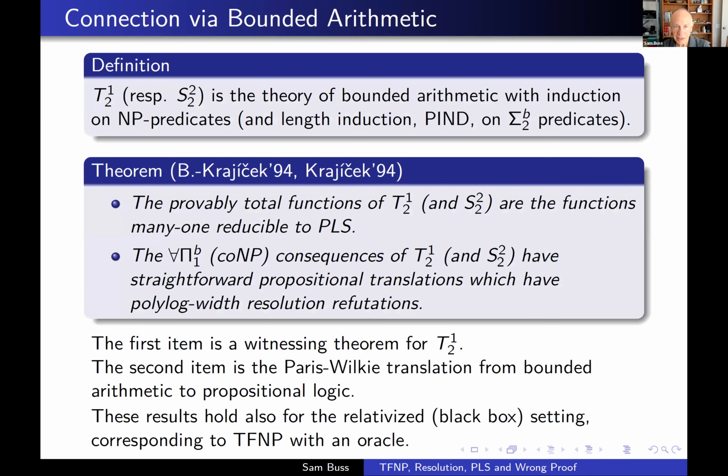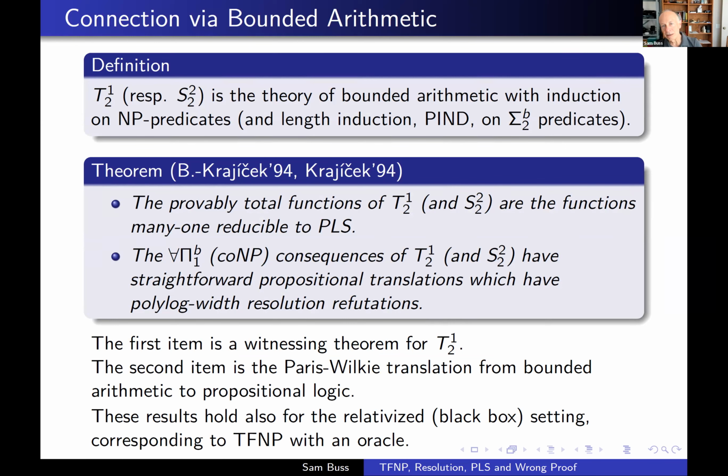And this has a reflection of what's already known in bounded arithmetic. And Neil's already explained this, so I'll say it again here. We're working with either the theory T^1_2, which Neil talked about, or the conservative theory S^2_2, which is very closely related to it. These are theories of bounded arithmetic. T^1_2 has induction on all NP predicates, that is, Sigma^p_1 predicates.